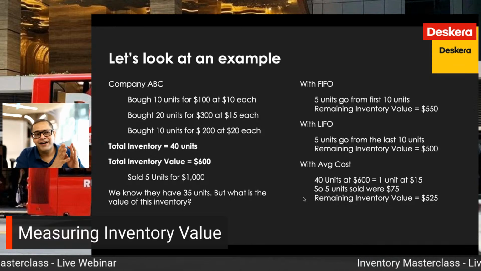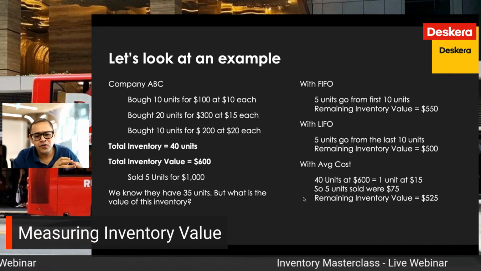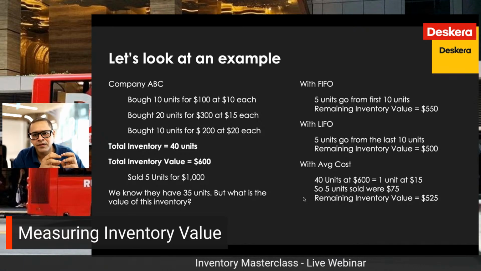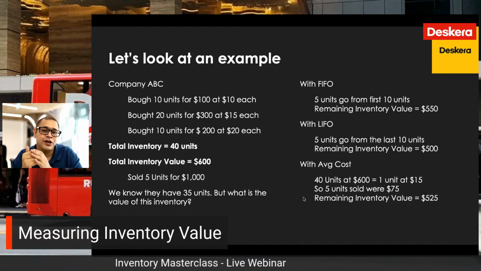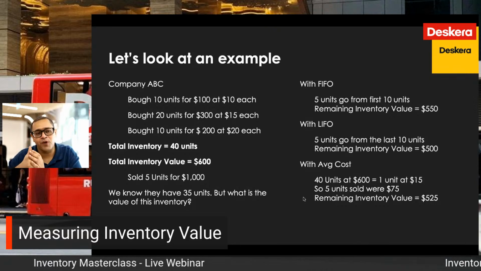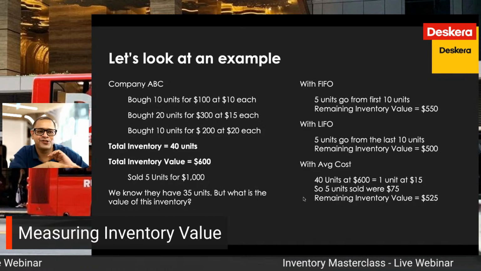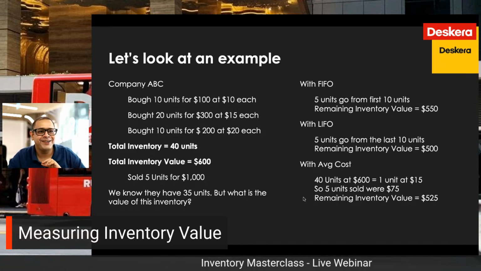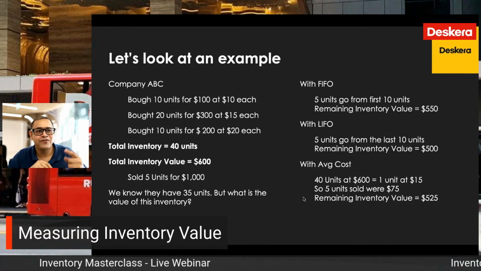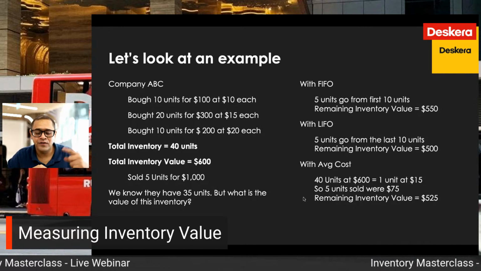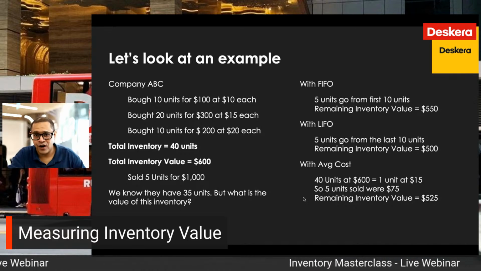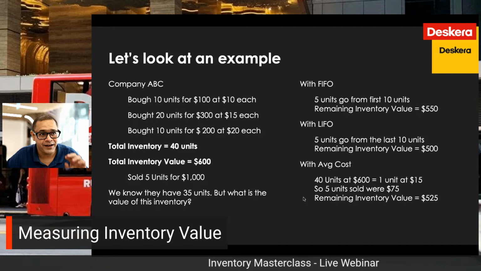But it also reduces your gross profit. Now, what is gross profit? Gross profit is basically your income minus your cost of goods sold, correct? And cost of goods sold is going to be higher for LIFO compared to FIFO. And we will see how. We will look at those calculations as well.